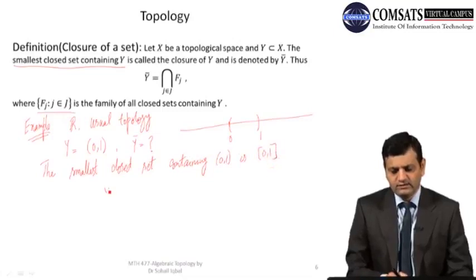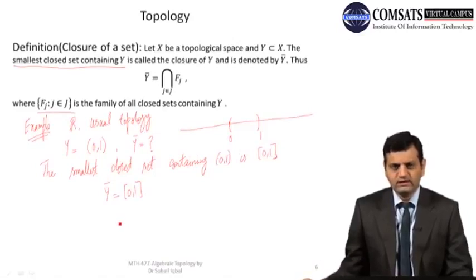So we can say that the closure of Y is basically [0, 1]. Similarly, we can find other examples where we have to find the smallest closed set containing that set.